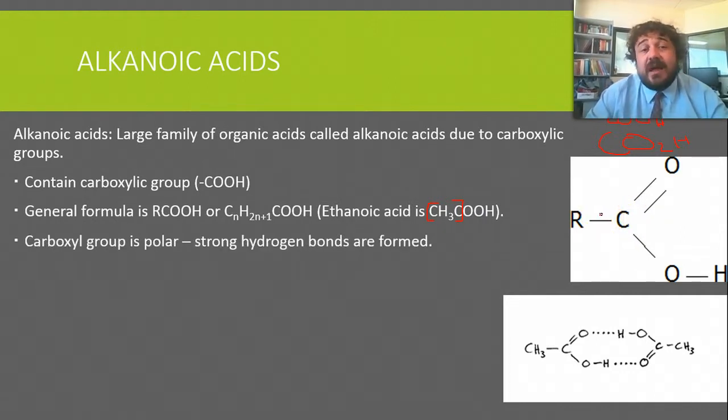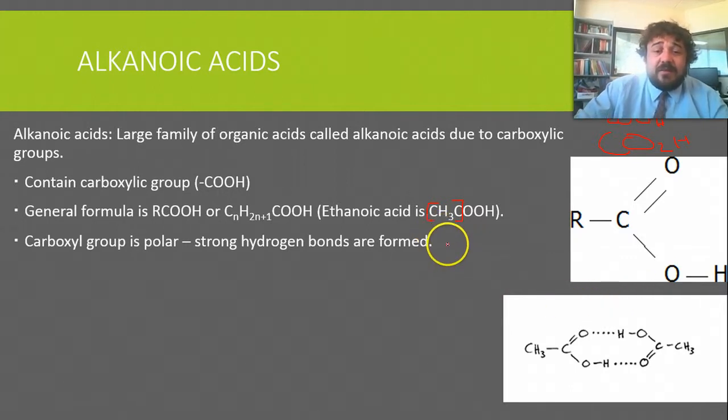A carboxyl group is polar, and very strong hydrogen bonds are formed. This is key: they're much stronger than you get with alkanols, and the strength of that is why we need H+ ions in esterification.